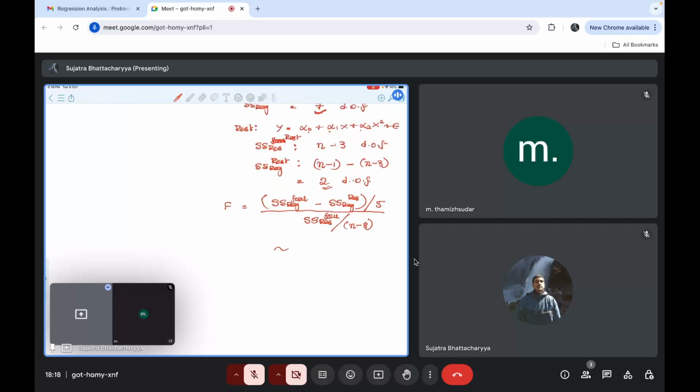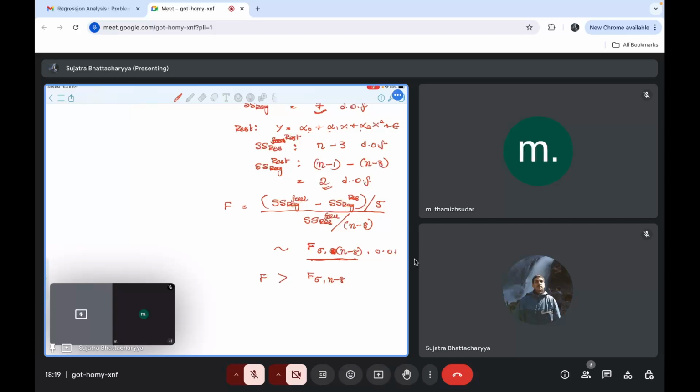Now this therefore should be equivalent to the F of 5 numerator, comma degrees of freedom in the denominator, which is n minus 8, comma the significance level, either 0.01 or 0.05, whatever you want. So final thing is this. The extra sum of squares F statistic should be greater than F5 comma n minus 8 with whatever significance level you want.